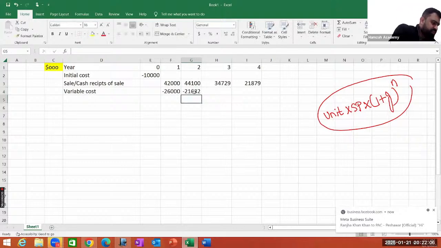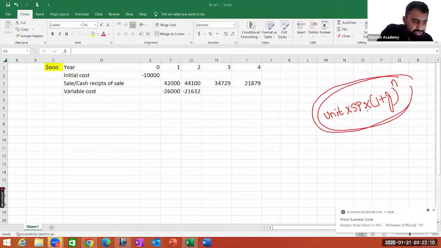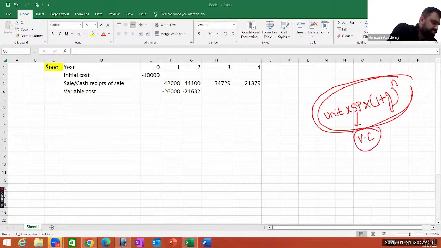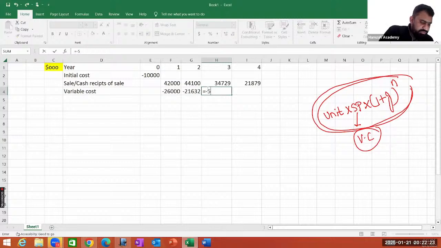Basically, the same formula is used for variable cost, but instead of taking the sale price, we are taking the variable cost per unit. That is the only difference. Now, for year 3, equal minus 5,000 into 2.5.